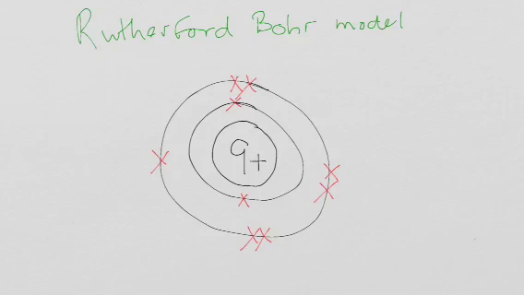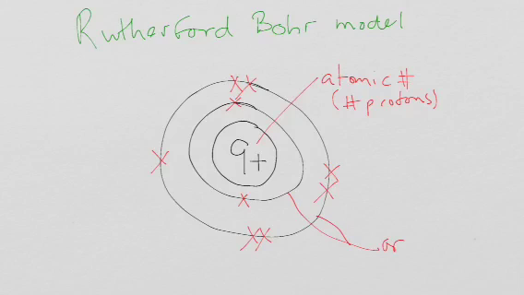The model not only has to have the atomic number, which is the number of protons, but it also has to have orbits with the correct number of electrons on each orbit. We know that the first orbit is going to have how many?